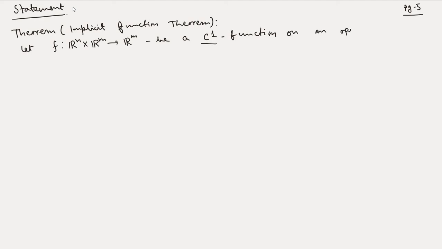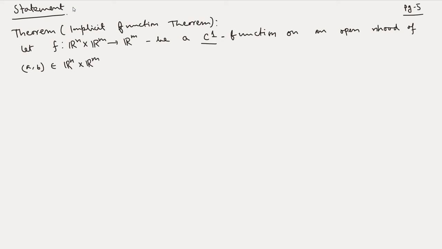an open neighborhood of A comma B belongs to Rn cross Rm.